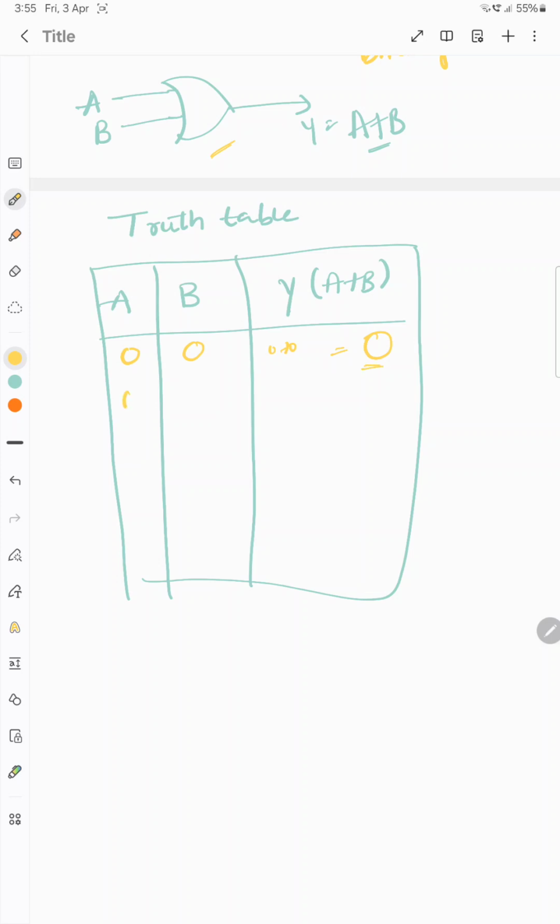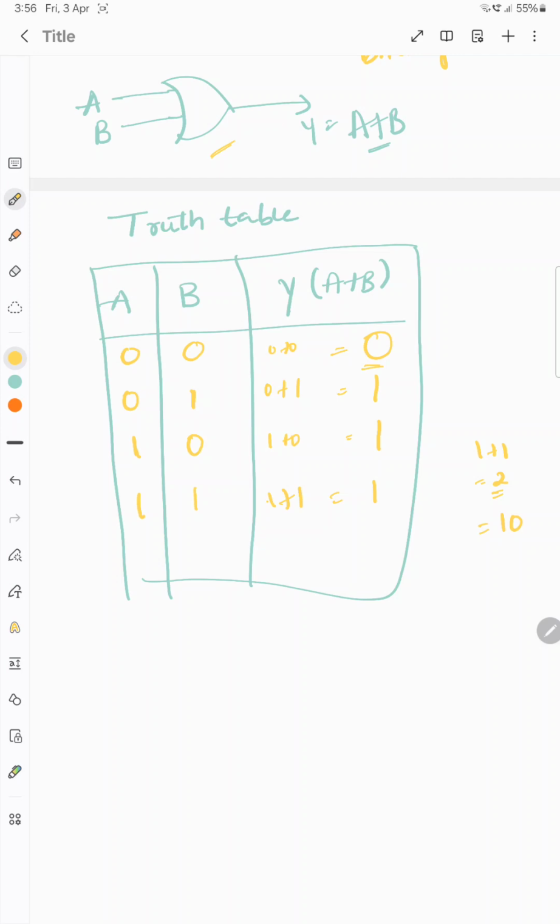Next, if A is 0 and B is 1, 0 plus 1 is 1. If A is 1 and B is 0, then 1 plus 0 is also 1. Next, both are 1. 1 plus 1 is 2, as we know basically, but the binary representation of 2 is 10. So 1 plus 1 is 1.